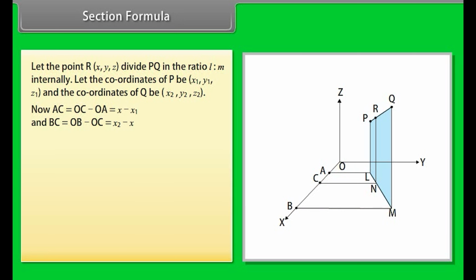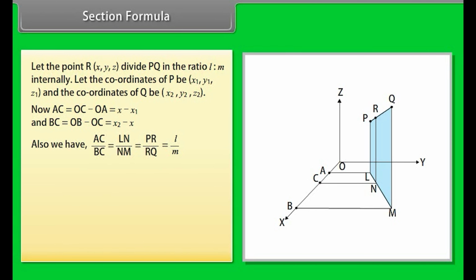Now, AC is equal to OC minus OA, which is equal to x minus x1, and BC is equal to OB minus OC, which is equal to x2 minus x.